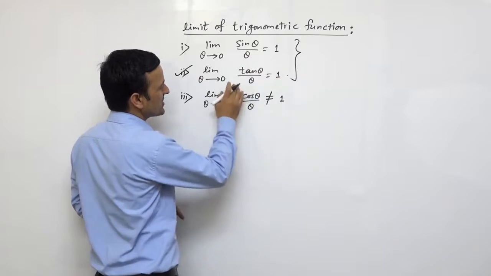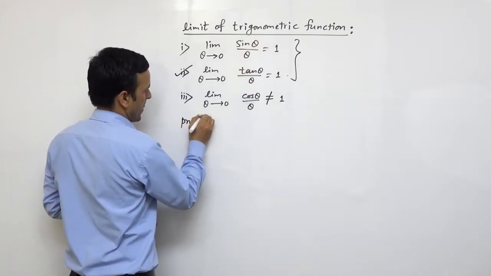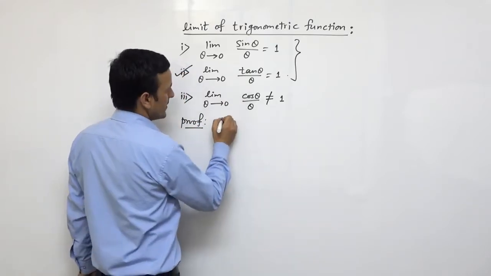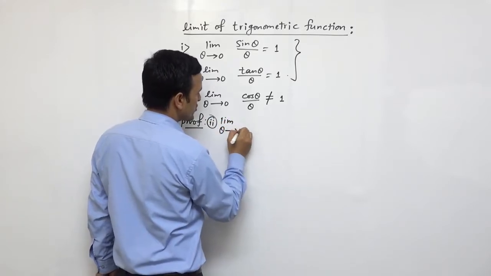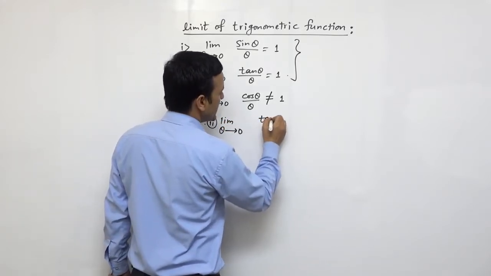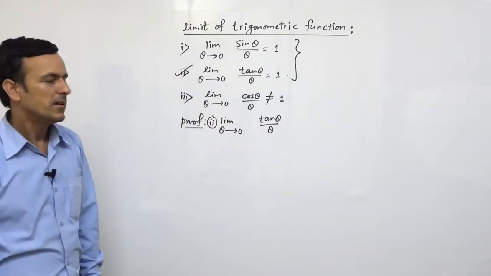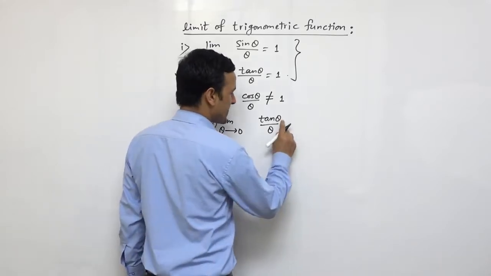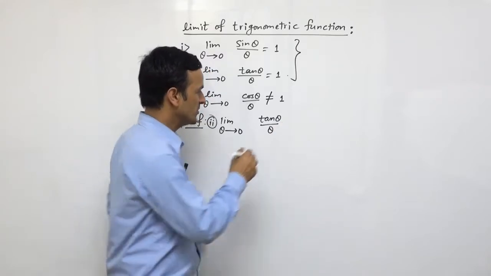We can prove it also with the help of this figure. Now limit, this is the second number. So limit theta tends to 0 and tan theta divided by theta. So if we put the value of theta यसमा र यसमा राख्दा के पाइन्छ? tan 0 भनेको हाम्रो के पाउँछौं? 0.